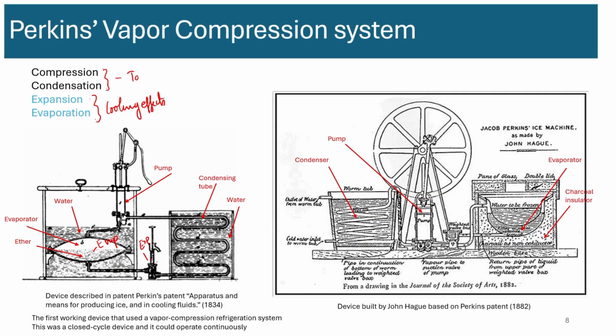To close the cycle. So compression and condensation brings the ether back to a liquid, and then the liquid expands and evaporates, creating the cooling, and then it completes that cycle.